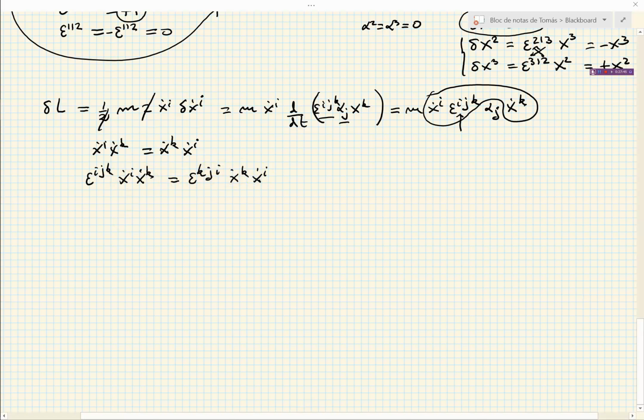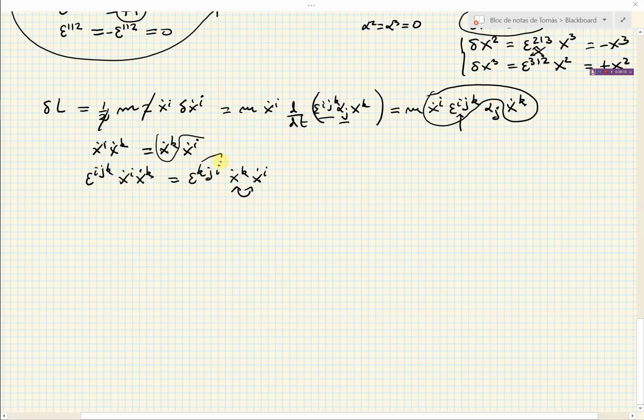Okay, this is something that you have to think about maybe, but this is easy to understand. And then now I interchange these two. These are numbers, so I commute this with this, and I don't get any signs.